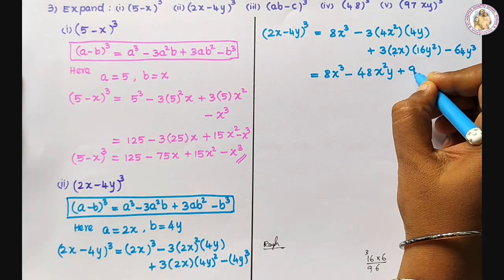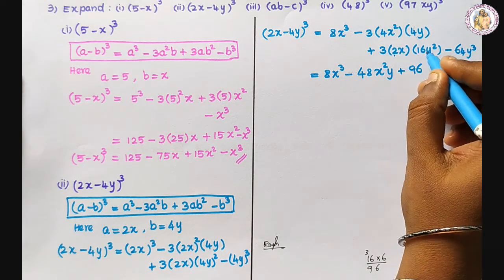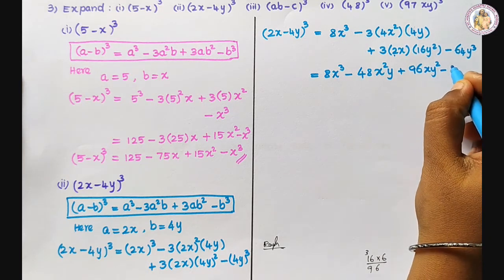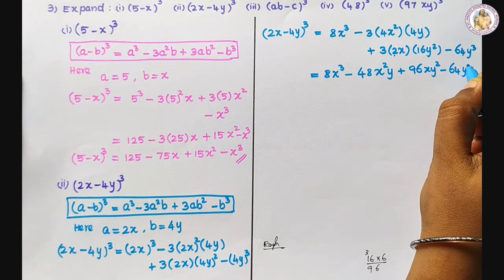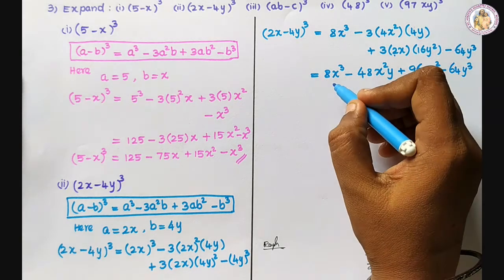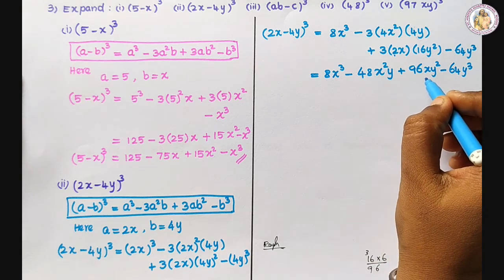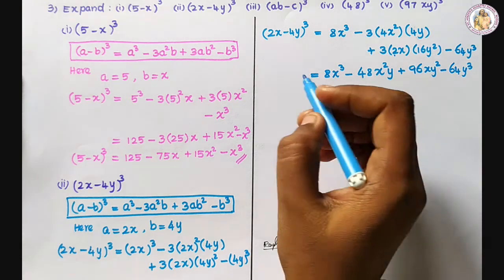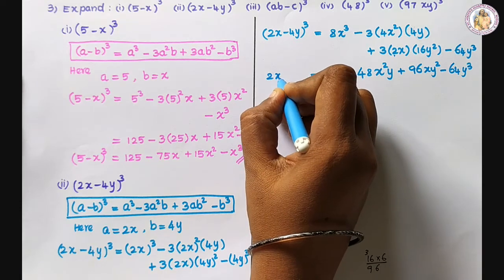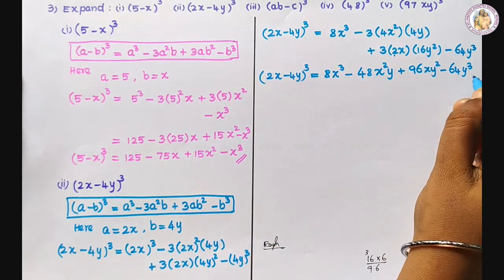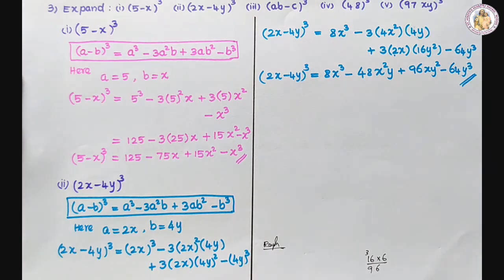So 96 x y square minus 64 y cube. 8x cube minus 48 x square y plus 96 x y square minus 64 y cube, that is 2x minus 4y whole cube. That is the answer.